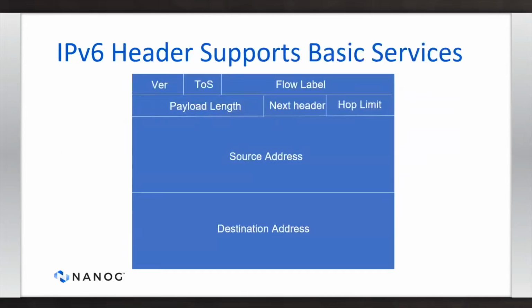So let's take a look at these basic services. We said there's a basic IPv6 header. It has a version, it has TOS bits, and the TOS bits are diff serve and echo. It has a flow label that identifies flows, a payload length, the next header, a hop limit, which is what we call the TTL now, a source address, and a destination address.